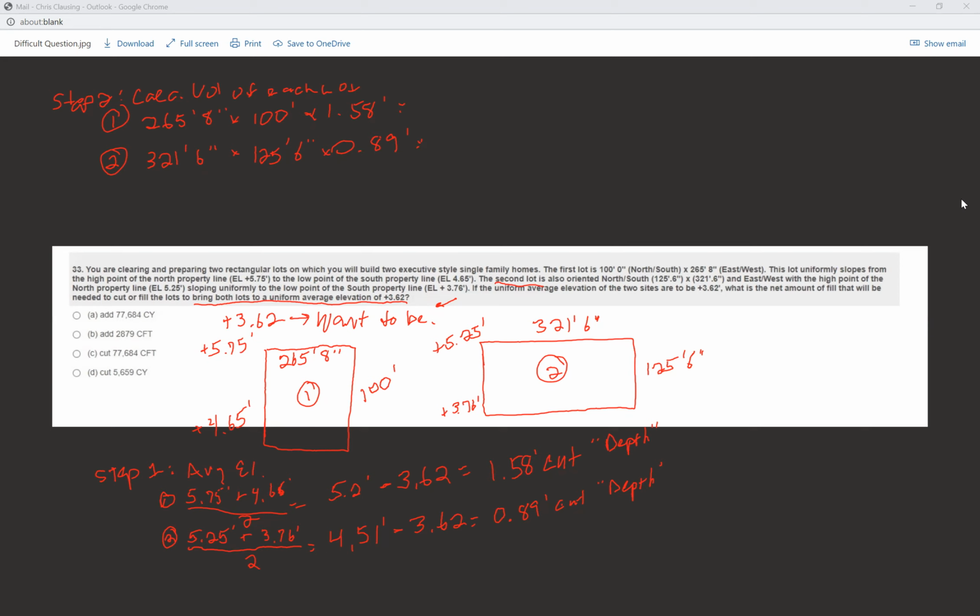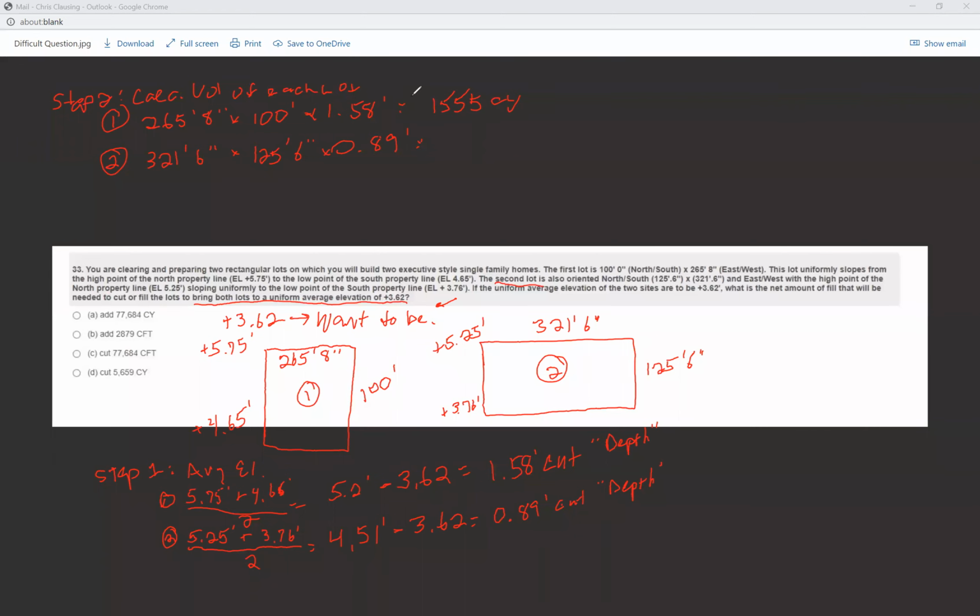So you just toggle back and forth on this calculator. It converts it from feet to yards. It's very useful. So I'm going to say it's 1555. So I have 1555 cubic yards here. And let's do the second lot.